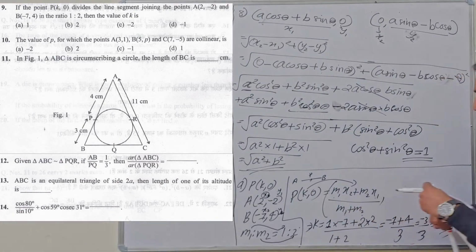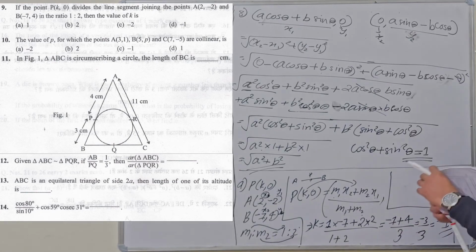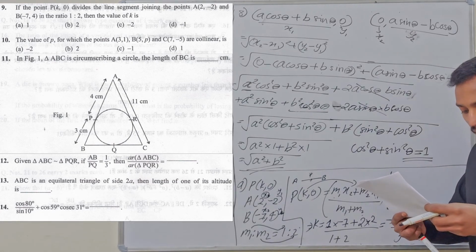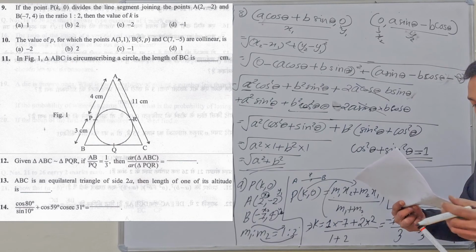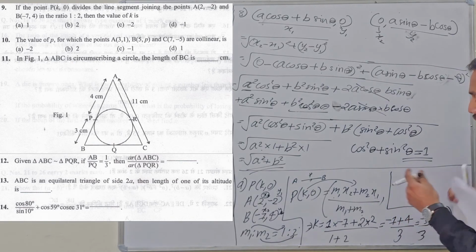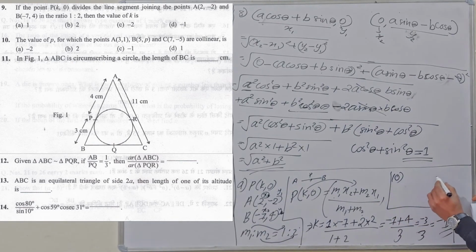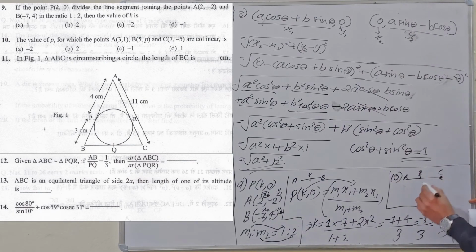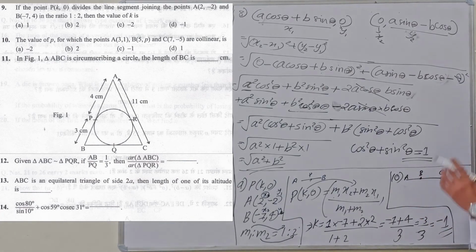Now come to question number 10. In question number 10, 3 points are given. If they are collinear, then find the value of P. Actually, we know that if 3 points A, B, C are collinear, there are 2 concepts we can use.